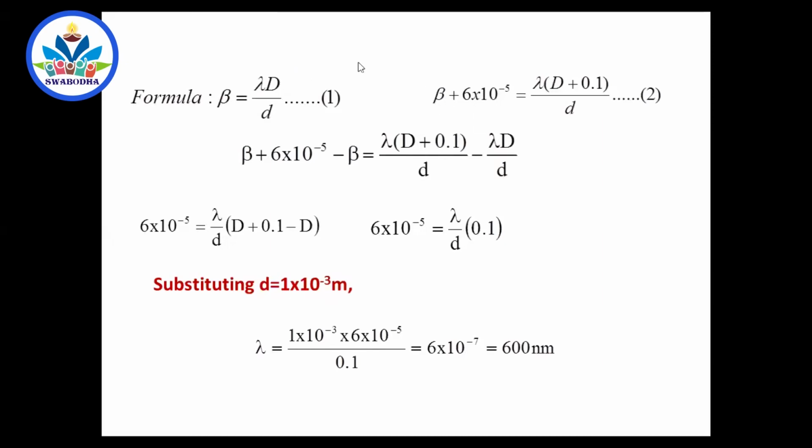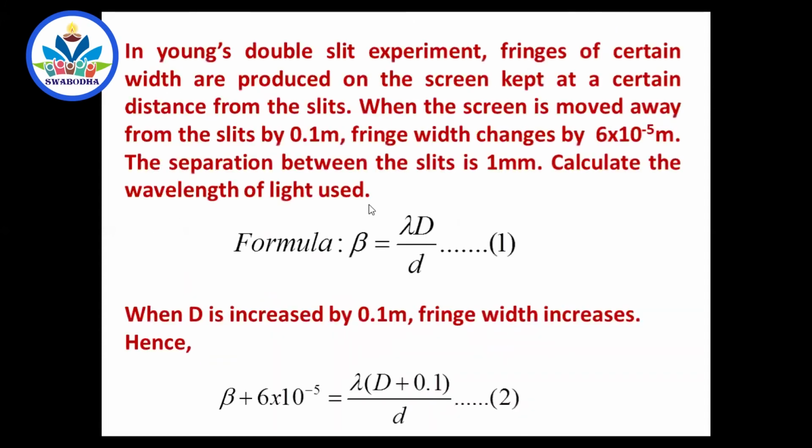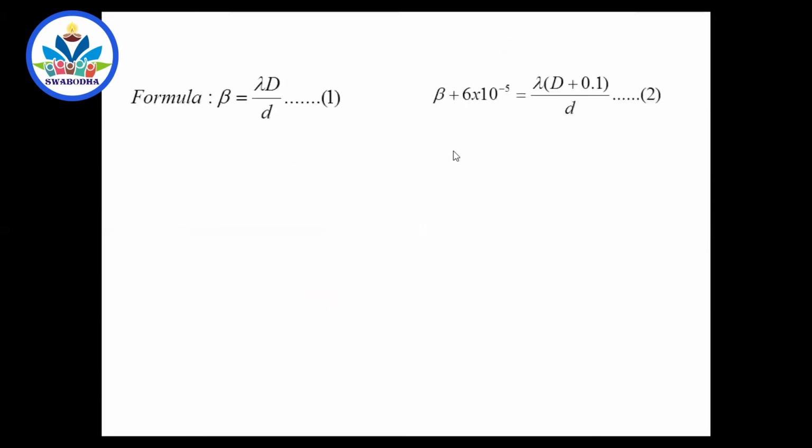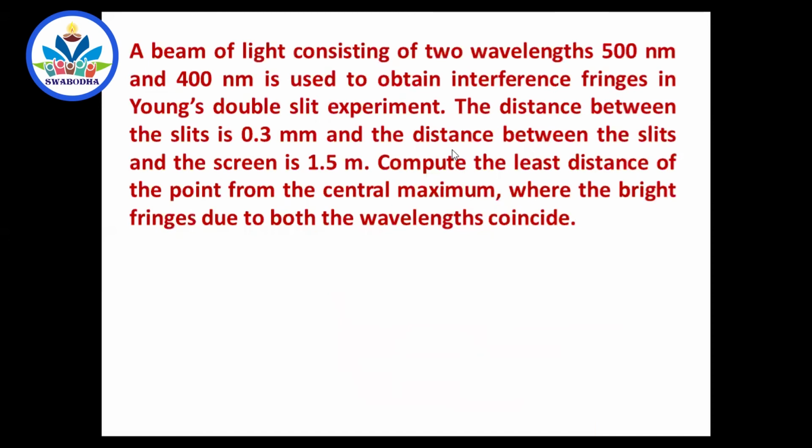Since D increases from D to D plus 0.1. Suppose capital D was decreased, I should have subtracted this from the original beta. Okay, then what else do they want? Calculate the wavelength of light used. That's all the problem. I think nothing else is included here. Next one.